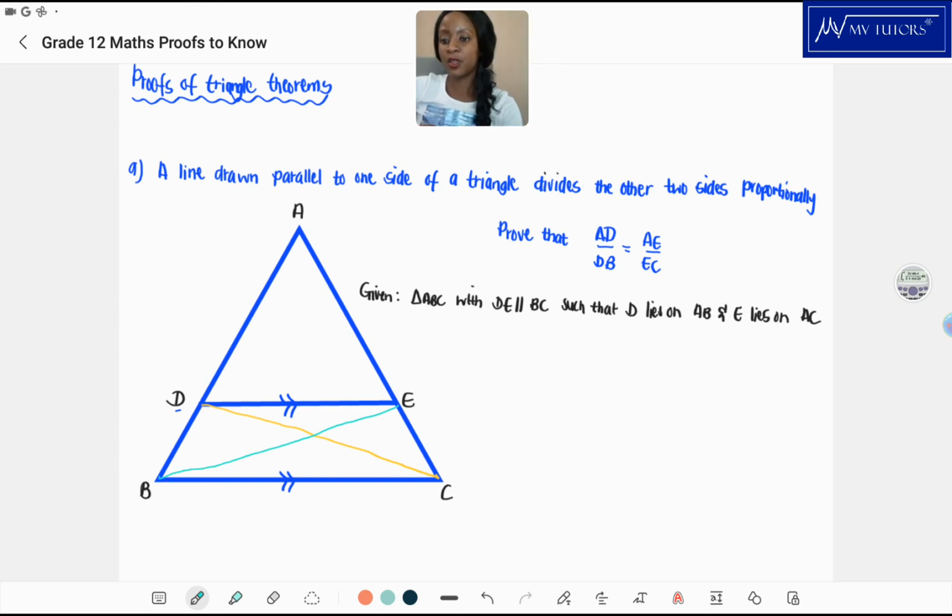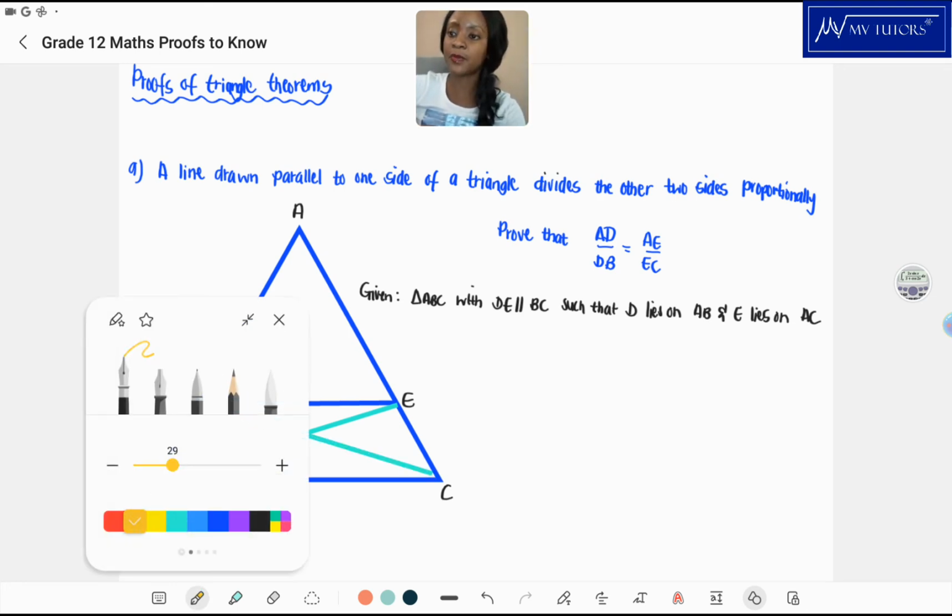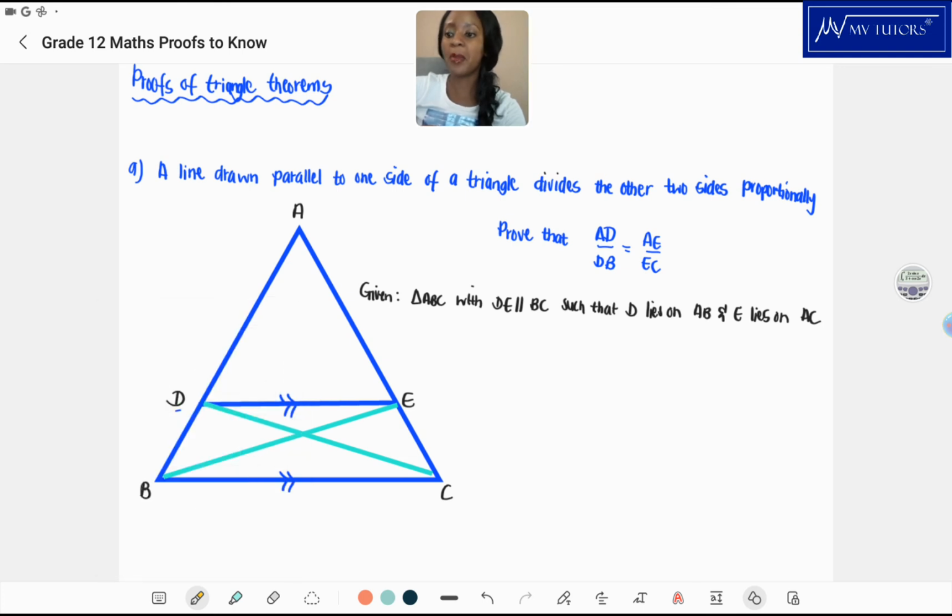Actually, let me do it like this rather, so that it looks prettier. Much better. Let me just use the same color. Those are the construction lines.